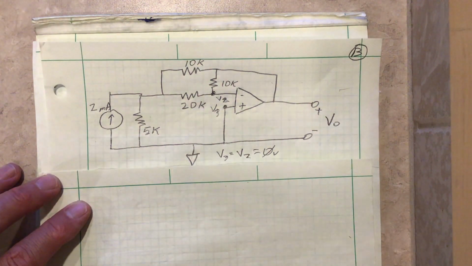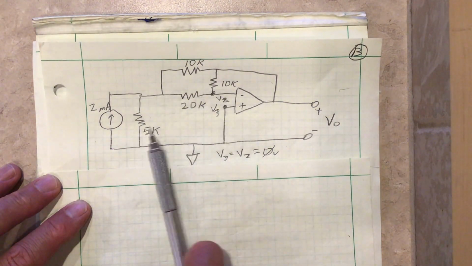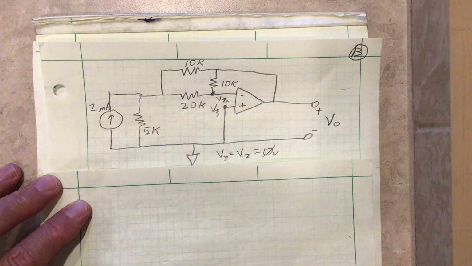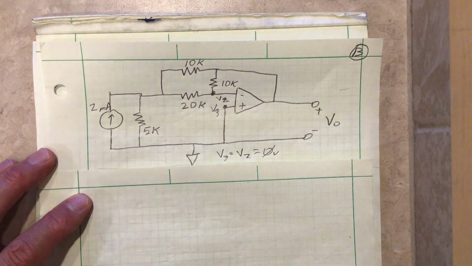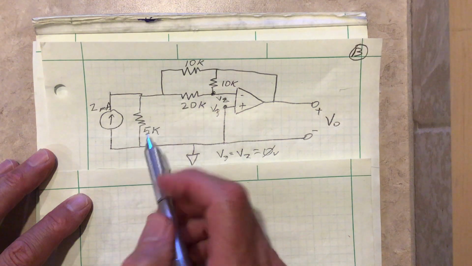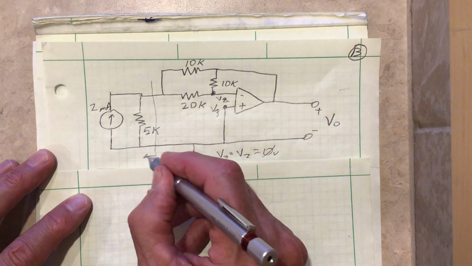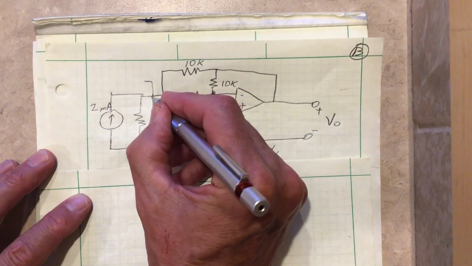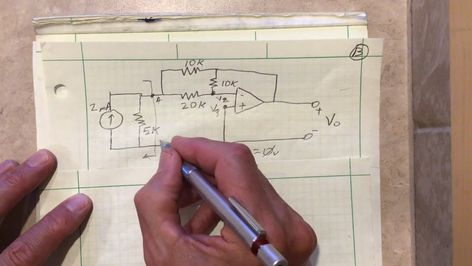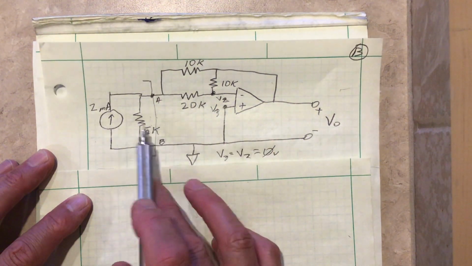Okay, now this is not a standard inverting or non-inverting input. We have some sort of a mess out here we need to simplify. The first thing I notice is we have a current supply in parallel with a resistor. So I'm going to take everything to the left there, call that A and B, and I'm going to replace this with its Thevenin equivalent.